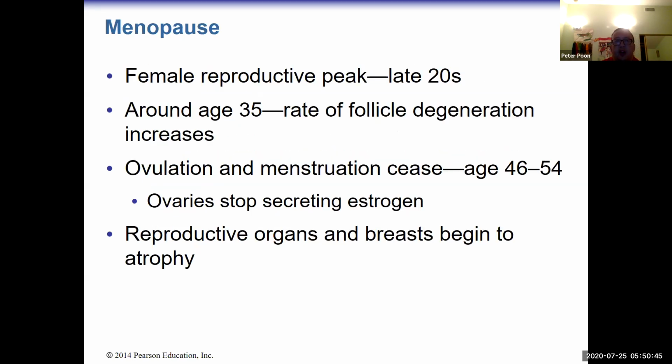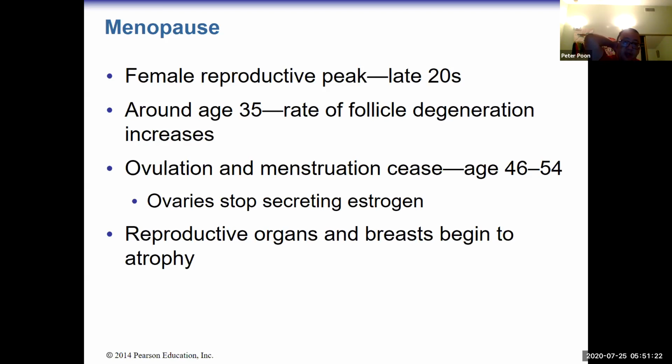There you go. You can read all that. Menopause. The actual female reproductive peak is late 20s. So if you want to have a child, that is the best, easiest time for a female to get pregnant. Around the age of 35, the rate of follicular degeneration increases, and then you hit menopause.